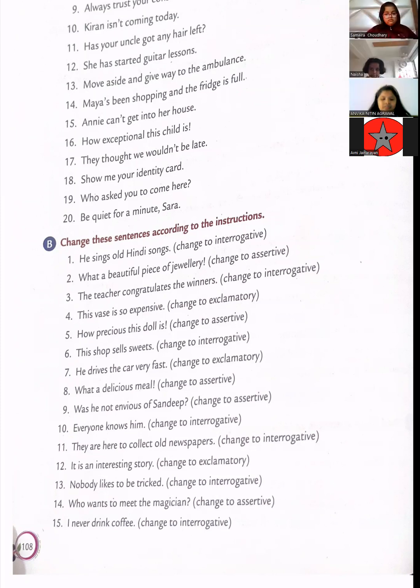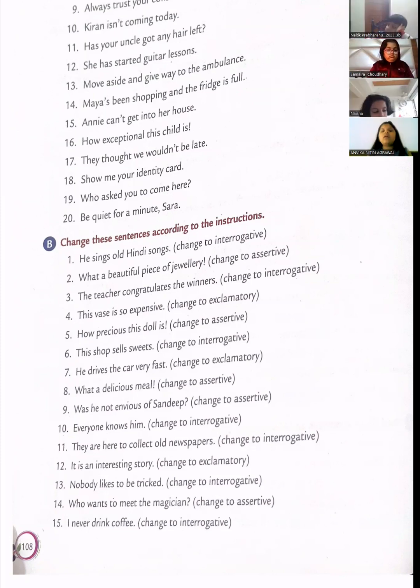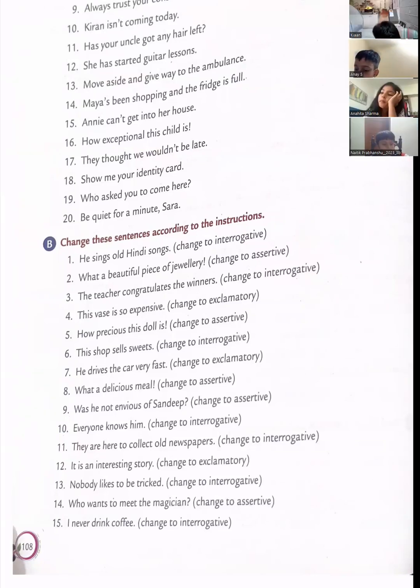Now there is a grammar error here, Reyansh, okay? You spoke almost correctly, but you said doesn't he sings, does he sings. After does, the singular verb will not come again, so it's going to be does he sing old Hindi songs. It's very, very important. I have heard a lot of people making that mistake. Does she holds.